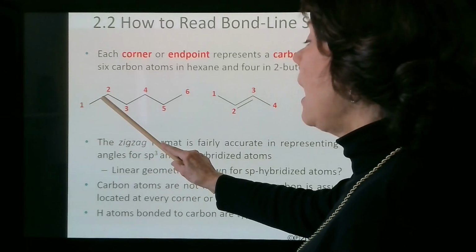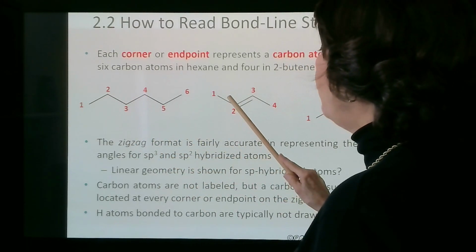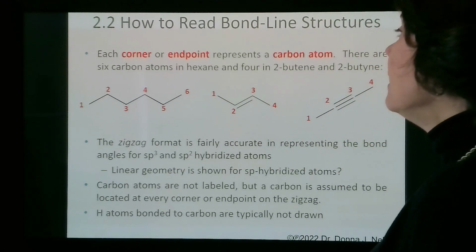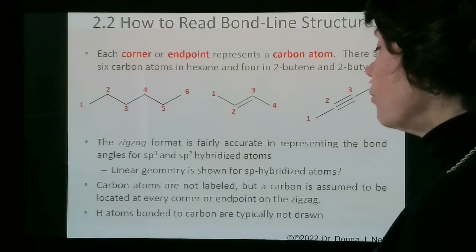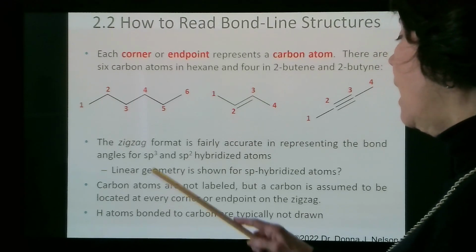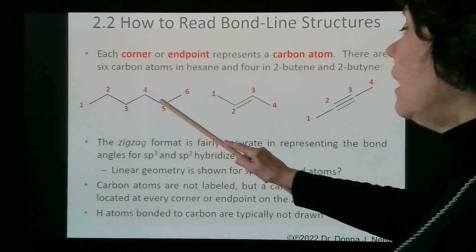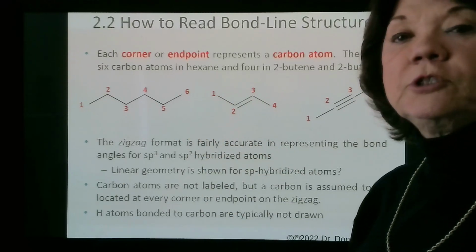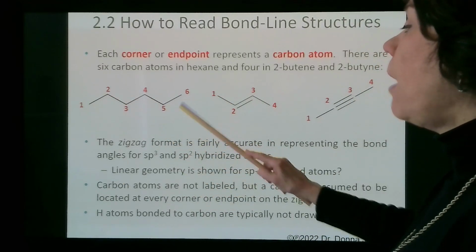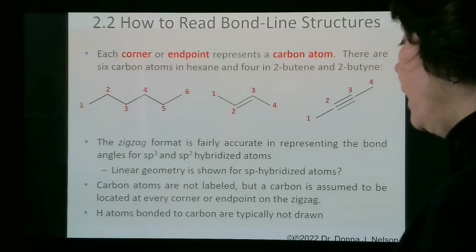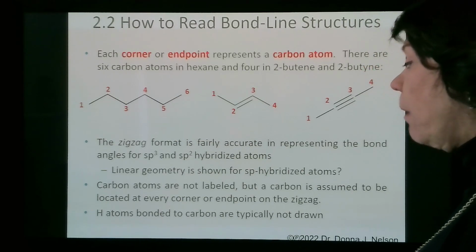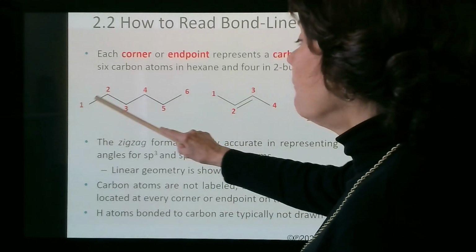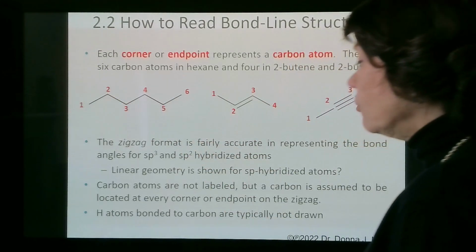So remember the bond angles are 109, 120, and 180. And so by drawing these bond line structures, the drawing gives a good representation of the actual bond angles as well. The CH bonds that are attached to every carbon are typically not drawn.